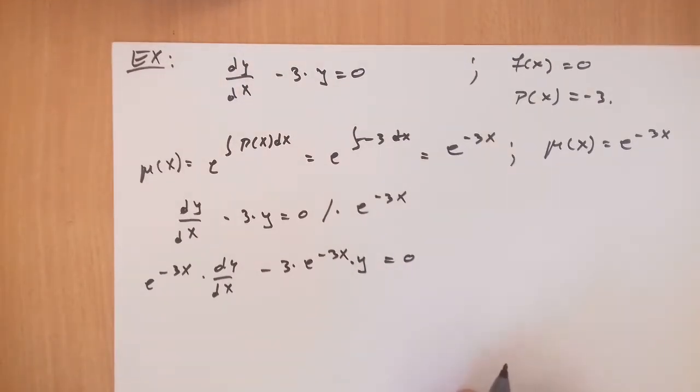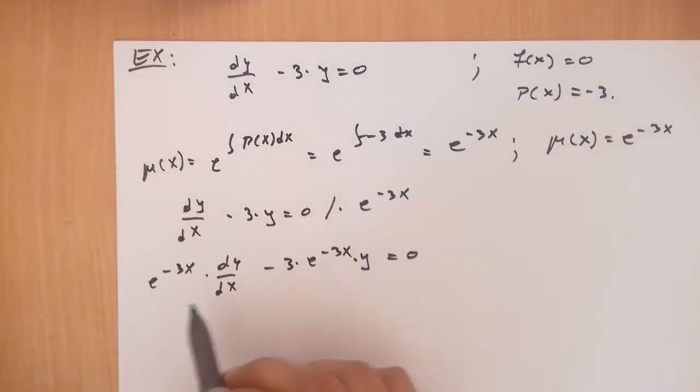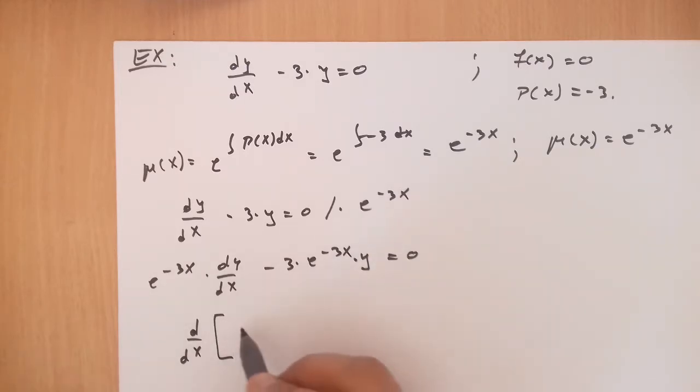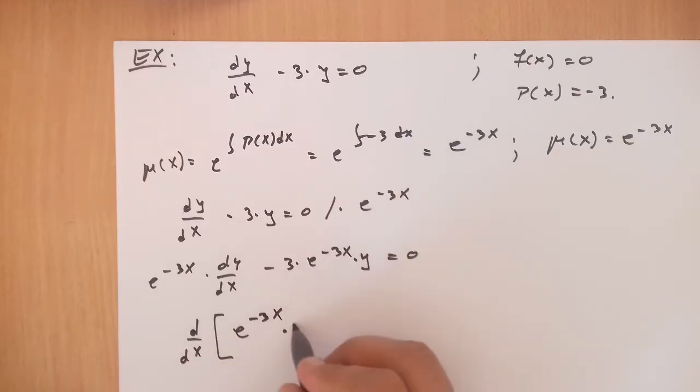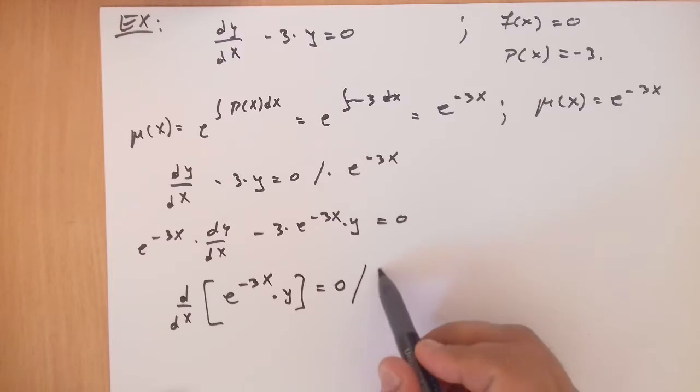So we can write the left hand side as d by dx of e to the minus 3x times y, which is equal to 0, and we integrate both sides.